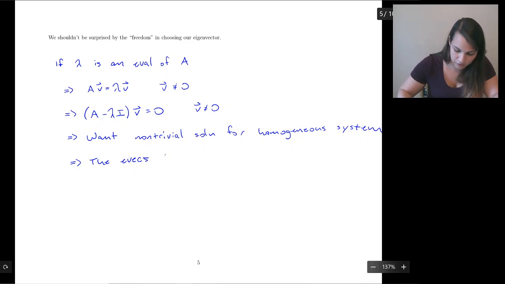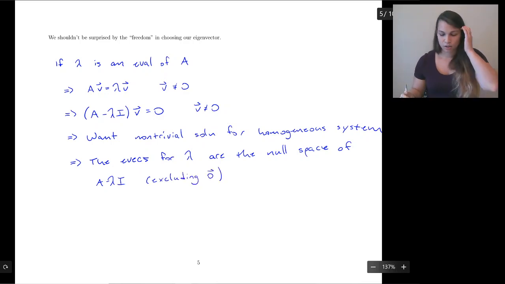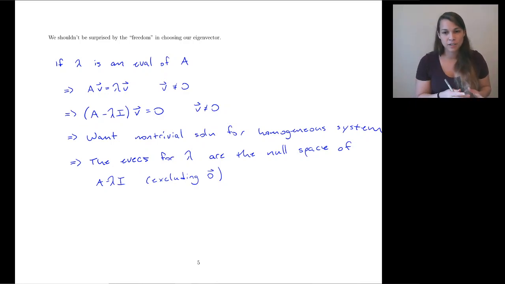The eigenvectors for lambda are in the null space. They are not just in the null space, they are the null space of A minus lambda I. Of course, excluding the 0 vector. So the eigenvectors are everything in the null space except for 0 because we don't want to have 0 as an eigenvector.